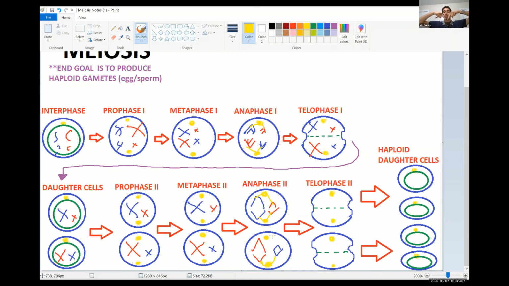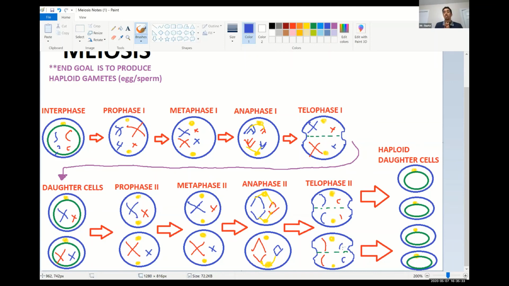The ends would go upwards and the middle would go towards the centriole. And finally, in telophase now, we have a big blue chromosome up here, a big blue chromosome down here, and the small chromosomes as well. And the same thing for the red one, the big red one here, and the small blue one here.